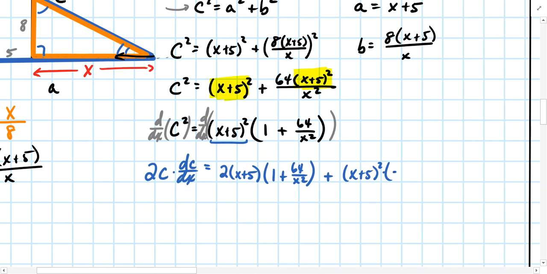We change its sign, and we now have negative 128. And then we increase this exponent by 1. We increase the exponent by 1 in the denominator because that would be the same as taking that negative exponent that it represents and reducing it by 1 with our power rule. And again, the ladder length will be at an extreme value, either a maximum or a minimum, when the derivative is equal to 0.